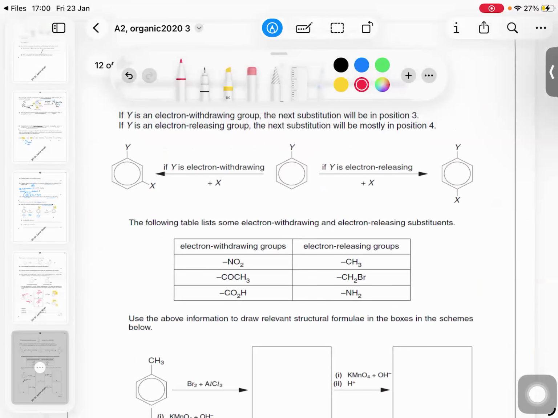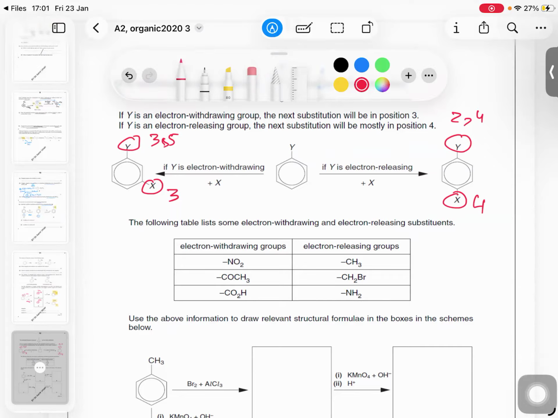Here again, look. What is the difference? This is Y, this is X. At which position is X? So it means Y should be what? A 2,4-directing group? And this should be a 3,5-directing group.